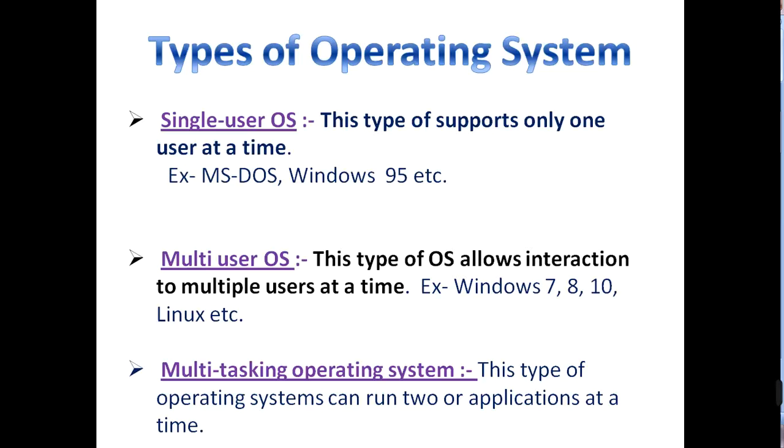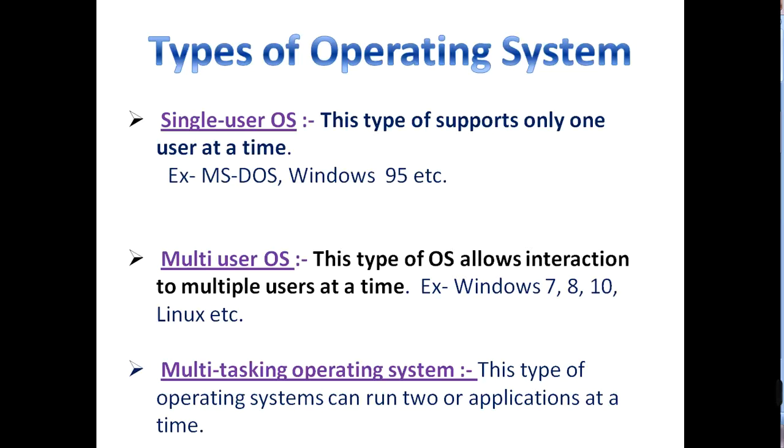And the last one is your multitasking operating system. Your multitasking means your operating system is able to handle two or more than two running programs at a time. It means you can create document in MS Word by listening music in background.